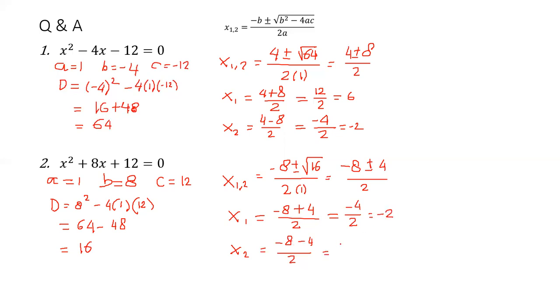Negative 8 minus 4 equals negative 12 over 2, which is negative 6. So there are two values of x. The first x is negative 2 and the second x is negative 6. All right, now we move to the next question.